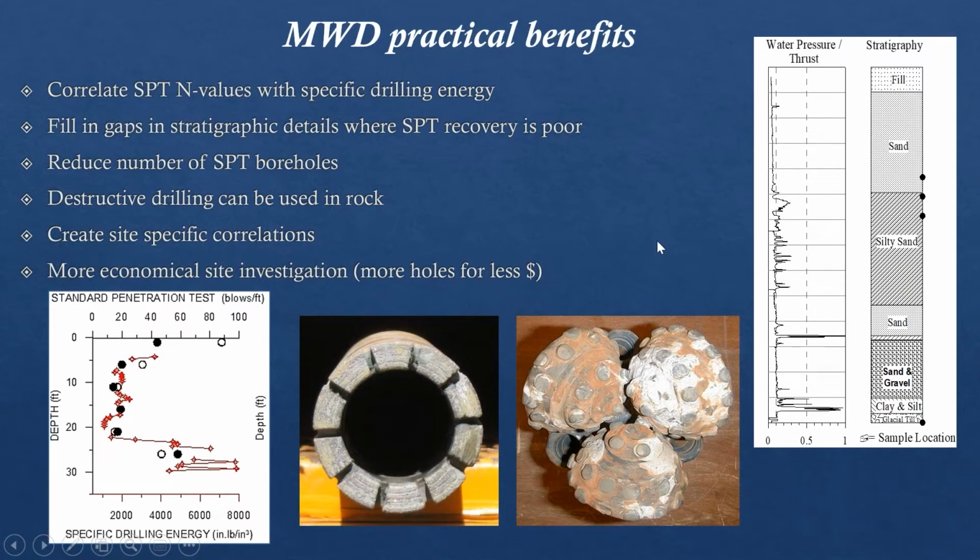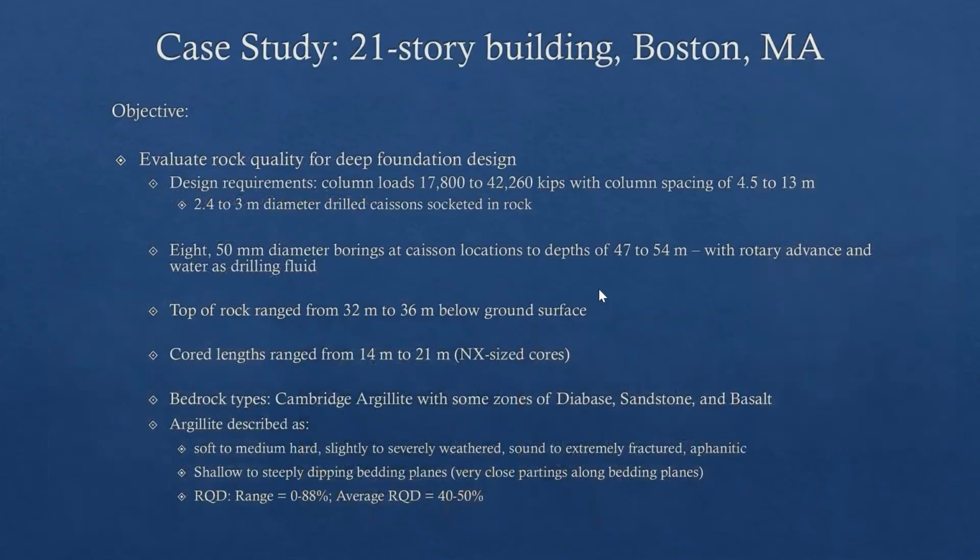You can create site-specific correlations, and certainly you can do more holes for less money. As we know, doing SPT boreholes is very time-consuming. Here we just used water pressure over troughs, and it gave us a relationship where we can see the little seams in the stratigraphy.